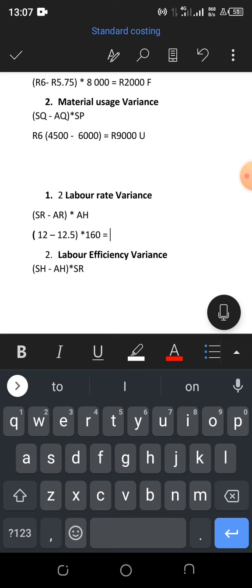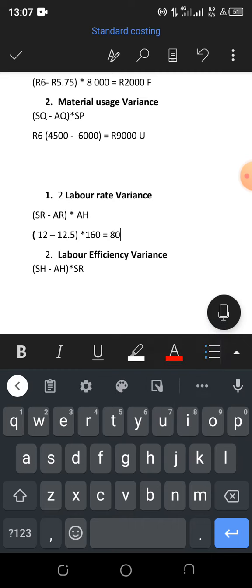Okay, let me calculate. It's going to be 12 minus 12.50, which gives us 0.50, multiplied by 160. So the labor rate variance is 80.